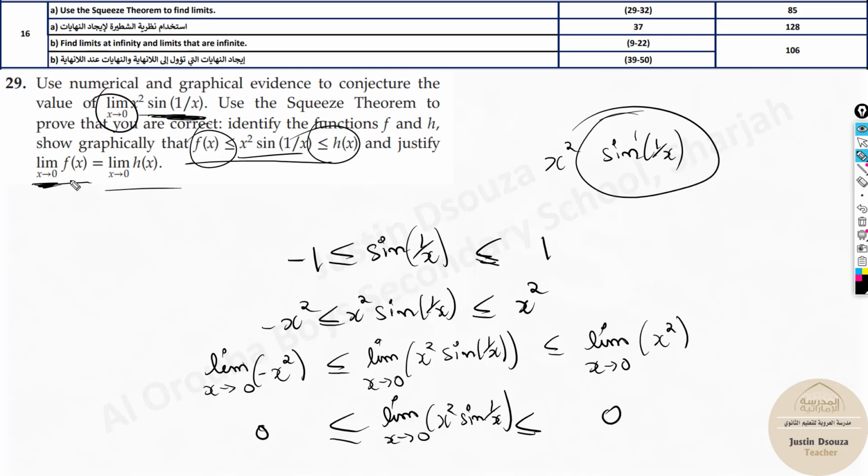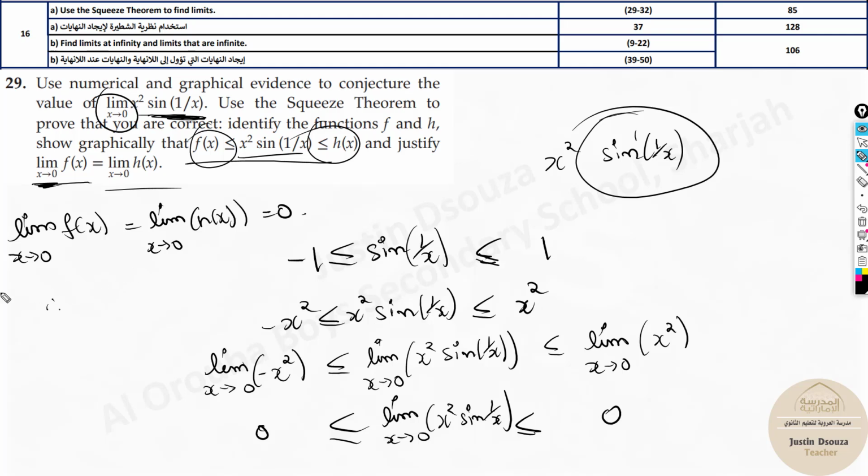You have to mention, whatever is written, this is f of x, g of x, h of x. So just mention this part. I'll write it. Limit as x tends to 0 of f of x is equal to, they have already mentioned, and yes, we got the same thing for h of x, equal to 0.